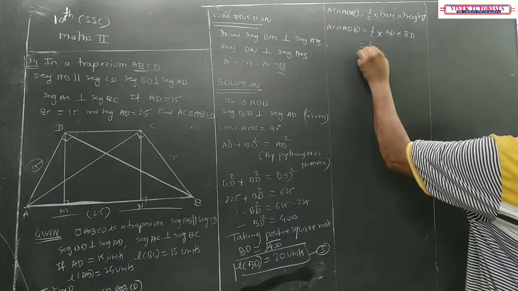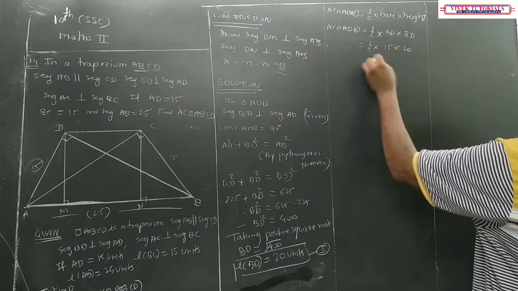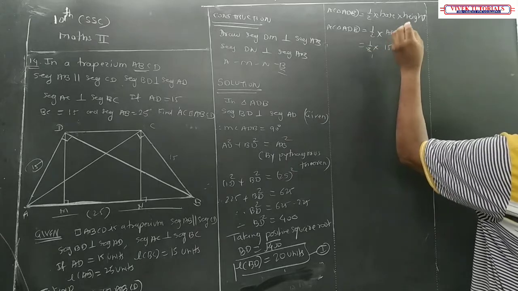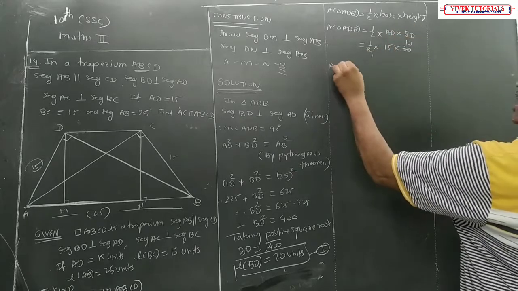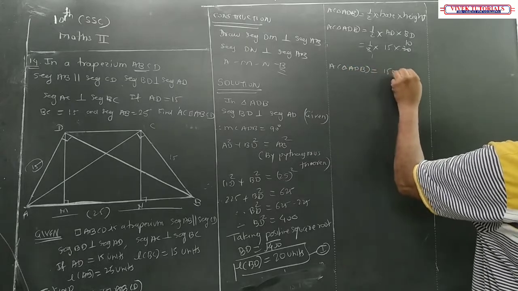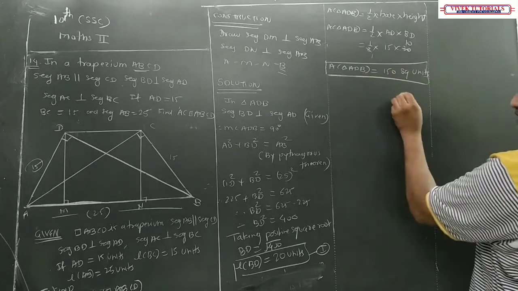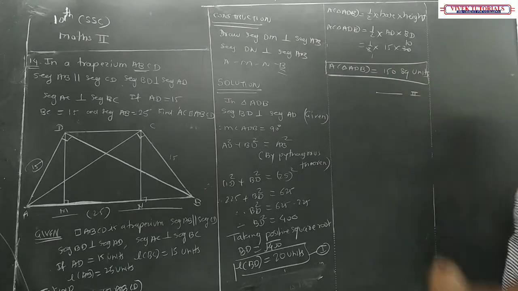That is equal to half into 15 into 20. It will get cancelled. So area of triangle ADB is equal to 150 square unit. This I will take as equation 2.